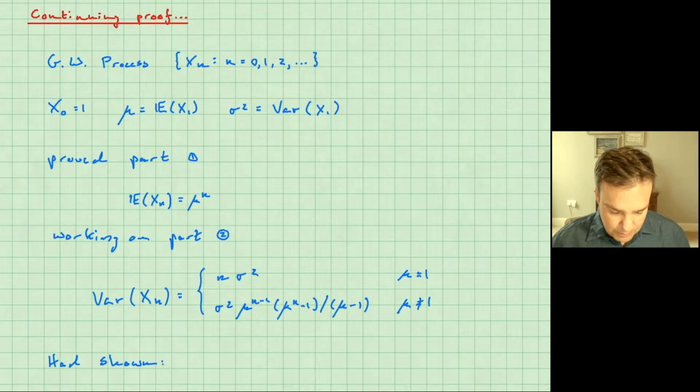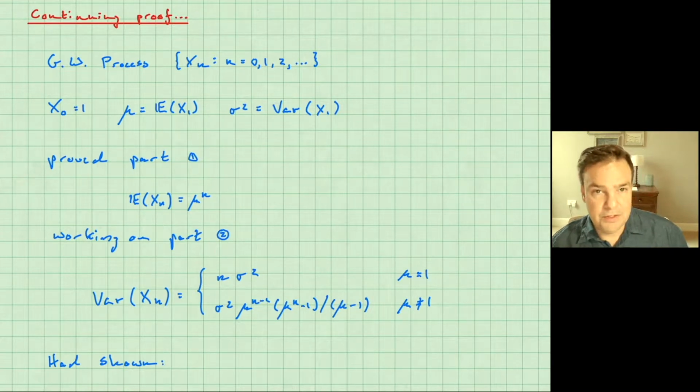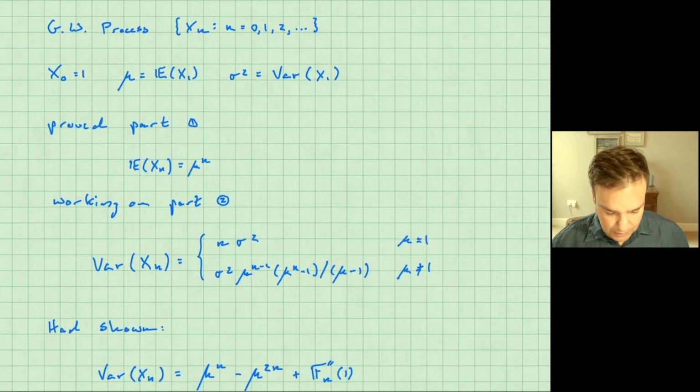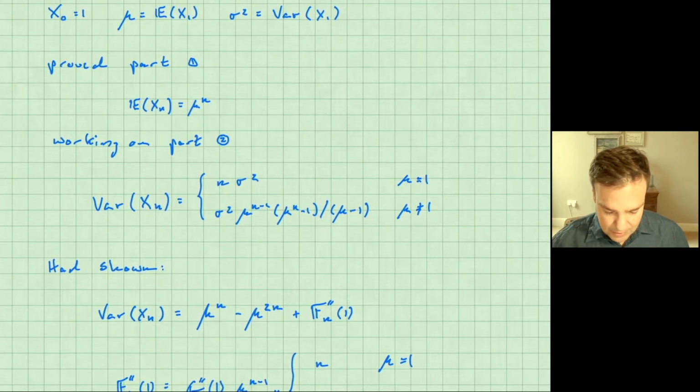And we had already proved that the expected value for the population at time n was mu to the n. That was the first part of the proof that we were working on. And the second part was to try to show the following formula for the variance of the size of the population at time n.